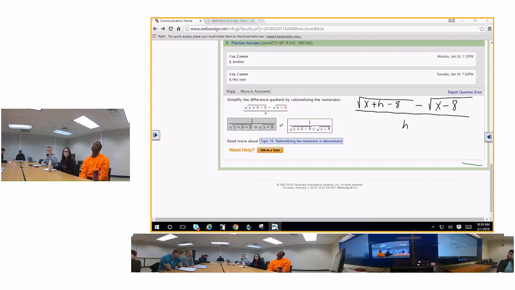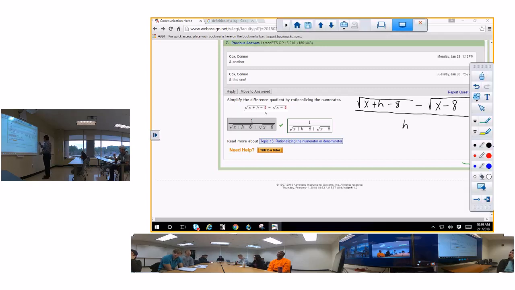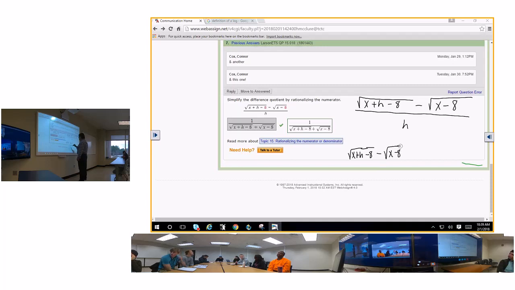All right. Now, what's the conjugate of this radical minus this radical? So you're going to set it up. I'm going to have to write small here. The square root of x plus h minus 8 minus the square root of x minus 8, and I'm going to write over h, and I'm going to multiply, and I'm going to color it red.